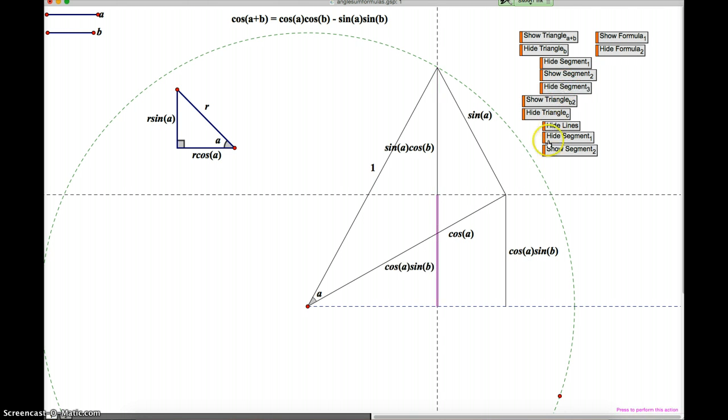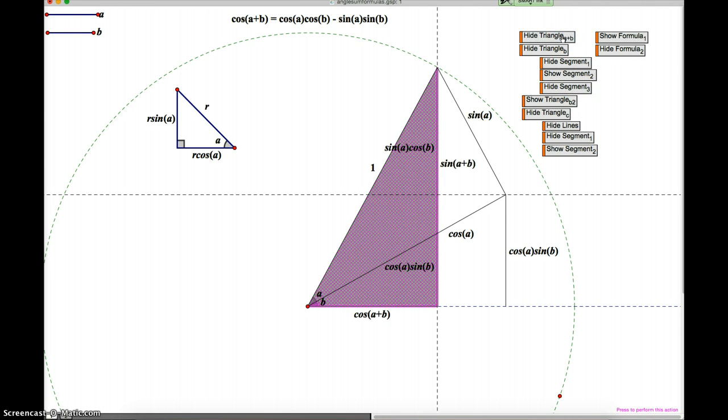Now if we pull back in our goal triangle again, we notice that we actually have the total length of the side that we're looking for, which is the sine of A plus B. We now recognize that it has to be the sine of A times the cosine of B plus the cosine of A times the sine of B, which is the desired formula that we were looking for earlier.